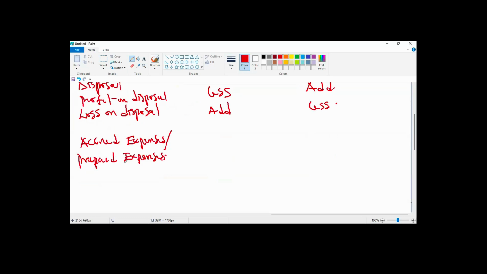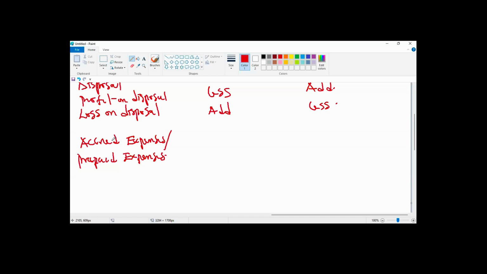For these two, another name for accrued expenses is other payable, and prepaid expenses is other receivable. For these two only, if they are in the question, I will interpret them using indirect.